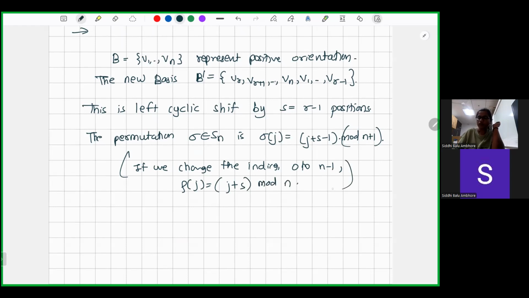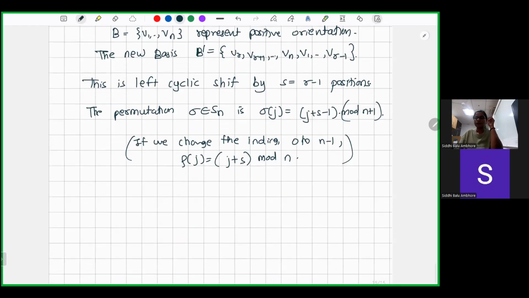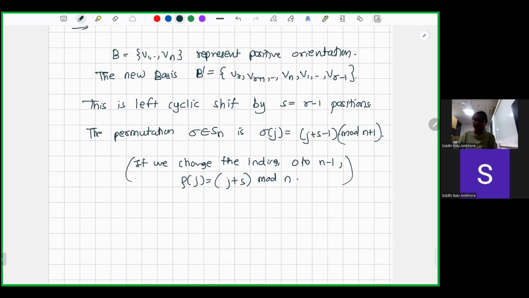It depends on the numbering. It does not matter.